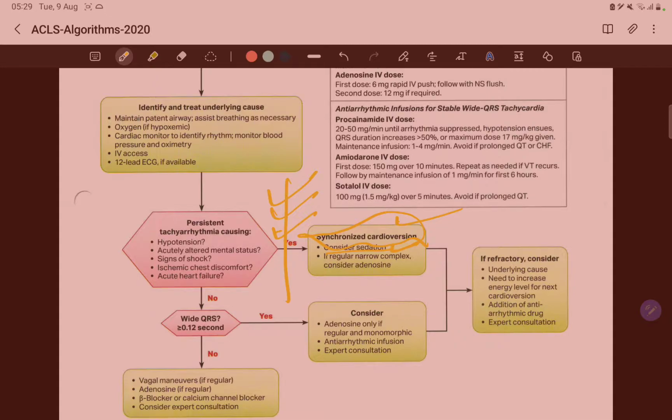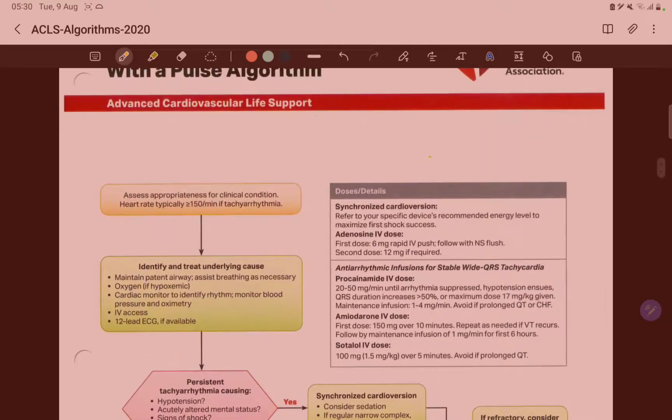Okay. Now if there is a narrow complex tachyarrhythmia, we can give adenosine. Wherever we find a narrow complex, we consider giving adenosine. Now the adenosine dose is 6 milligram IV rapid. Okay, adenosine has a very short half-life.